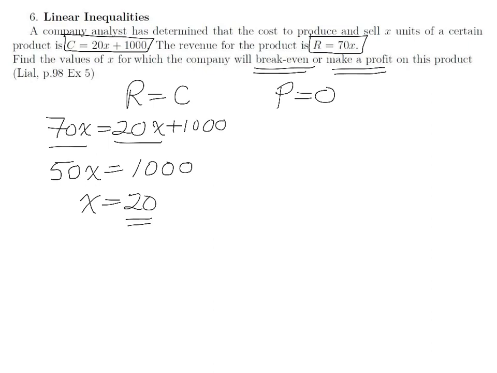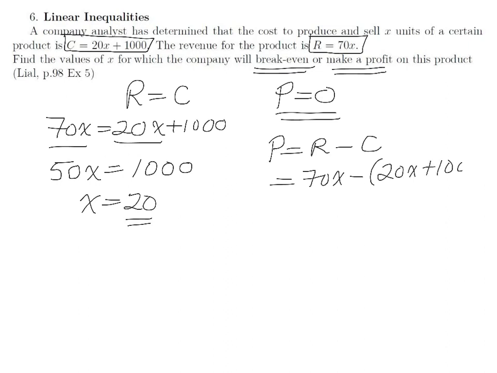So if we do it the other way, we know that profit has to equal 0 for a break-even point, and profit is equal to your revenue minus your cost. So we have 70x minus, and this is important, the bracket 20x plus 1,000, because you're subtracting both parts of the cost.